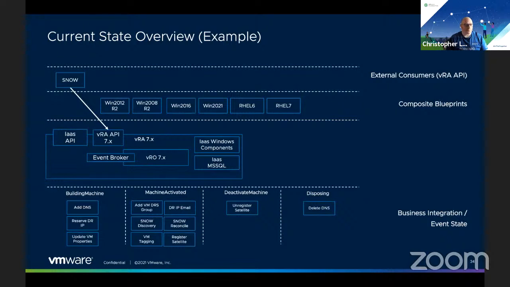You can see that. I don't know why 2021's there, but I know what that is because I did a find and replace on 2019 and replaced it for 2020 for my slides. So I need to update that. And then Snow Forms used the vRA API, all that infrastructure in there. And then it had a number of event broker topics.